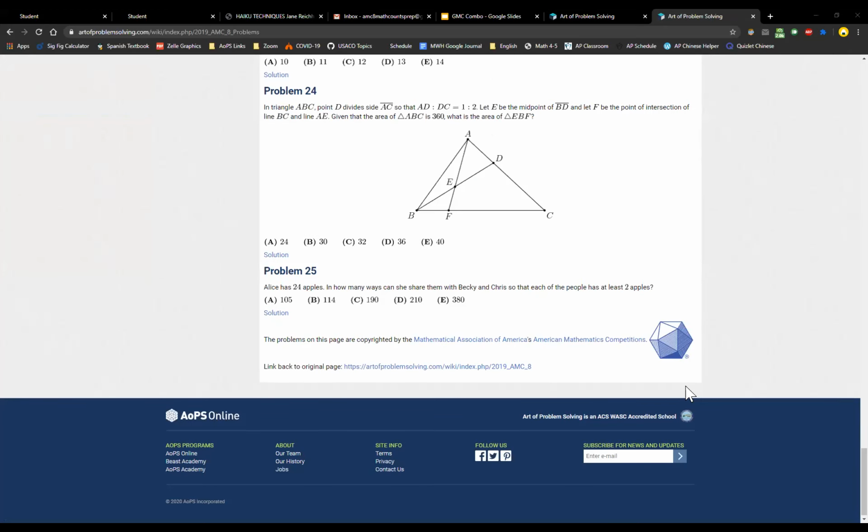Oh, wait. Okay. This problem might be a bit too difficult. Yeah, this problem is stars and bars. We're gonna teach this next week, so maybe we'll do this as a problem next week.